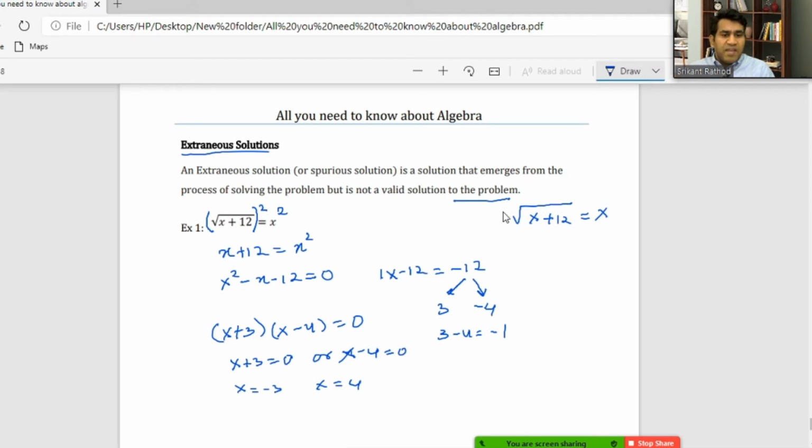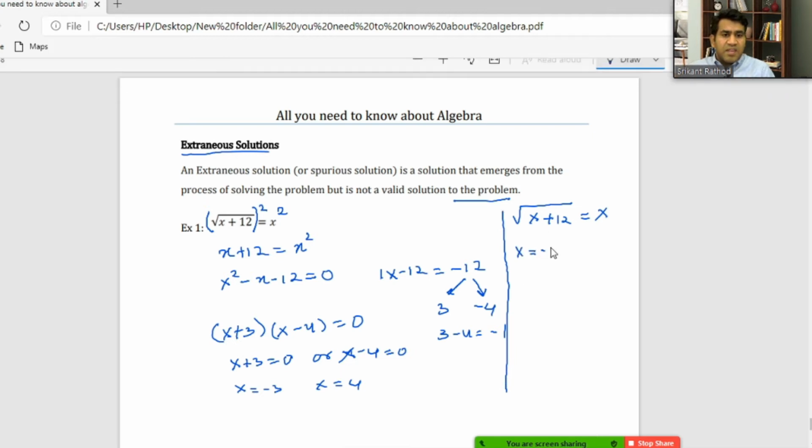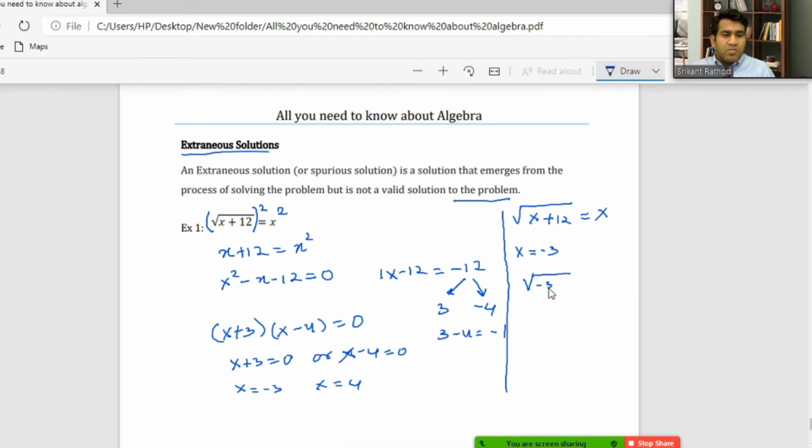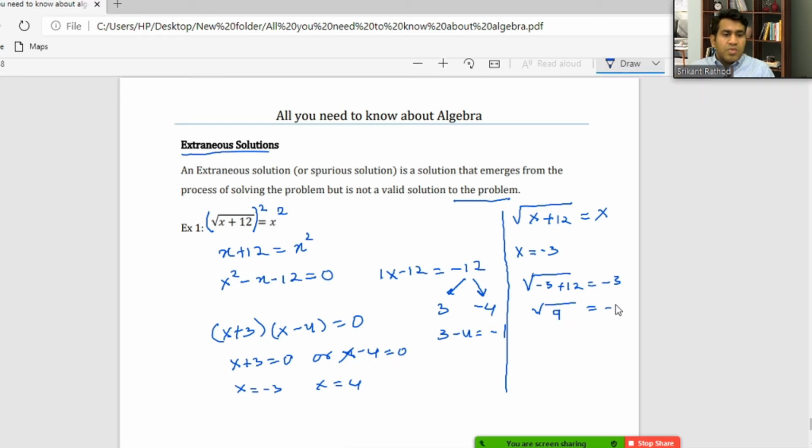Let's verify for the value of x as negative 3. Substituting x as negative 3, it becomes the square root of negative 3 plus 12 equals negative 3. The square root of negative 3 plus 12, that's 9. So 9 equals negative 3.